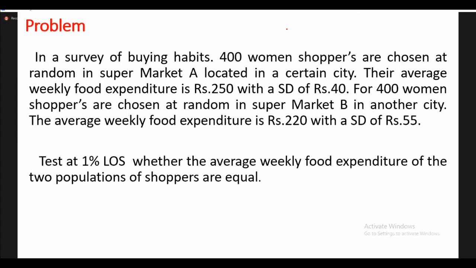Once all of you go to this question, read that question carefully. In a survey of buying habits, 400 women shoppers are chosen at random in supermarket A located in a certain city.